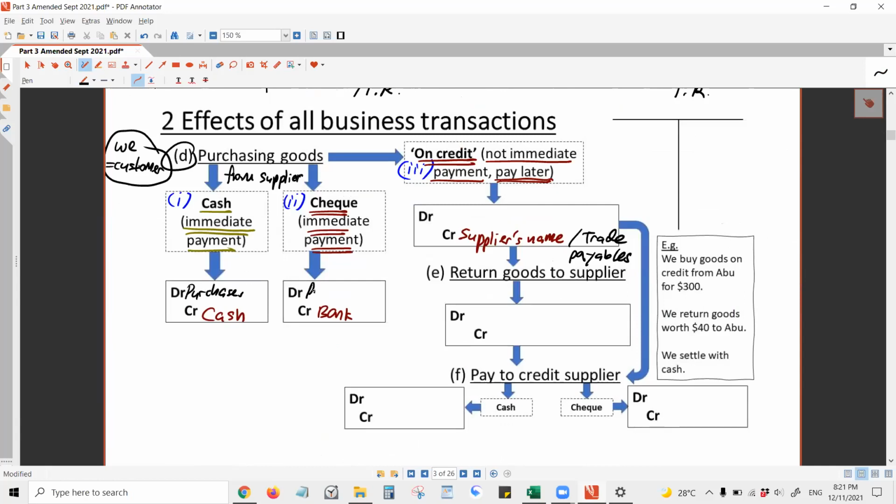Again, it's a fact. I cannot explain to you why debit purchases. It's like the plus and minus of the subject, just like mathematics. Would you ask your teacher why this is plus, why this is minus? No, right? So this is something like plus and minus of the subject.